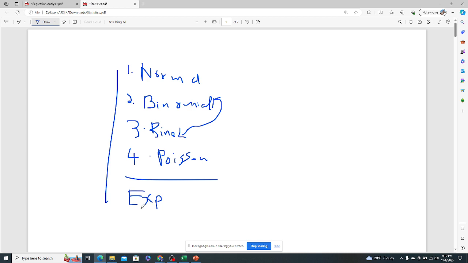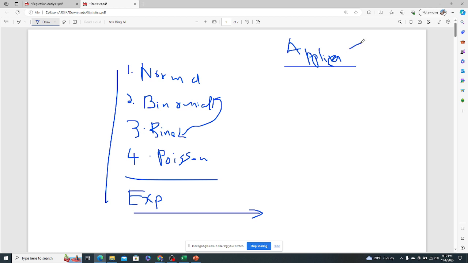I will give you the exponential distribution as your exercise to research on. Also, before I start this topic, please go and research different applications of regression analysis. Where can we apply linear regression analysis?